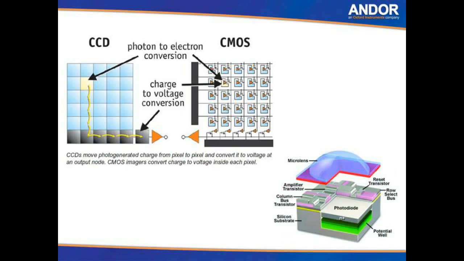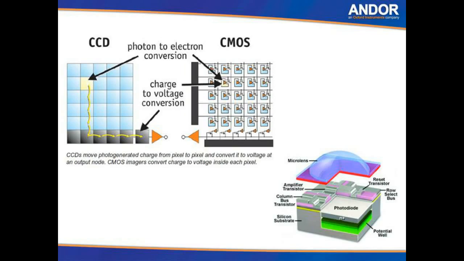In the CCD camera, in order to get an image read out from the sensor, the pixels have to transfer the charge from row to row, vertically through the sensor. It's all done row by row until it gets to the very end, and then horizontally sent to the readout register. So it's quite a slow process.